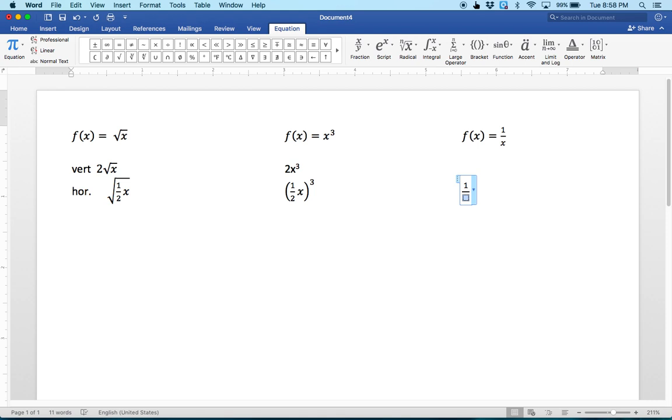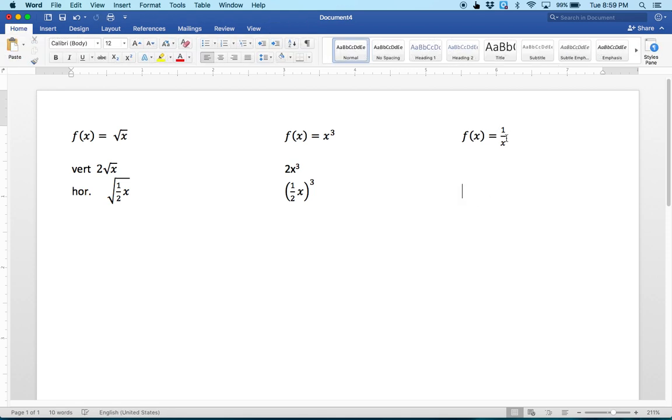Well, it would have to be 1/2, I guess. So this is kind of a bad example. Well, it's because it ends up being the same. Ignore that example. That's a bad example. But anyways, that is the difference between horizontal and vertical. Under the square root, inside parentheses, inside the absolute value, you're always going to see that happen down there.